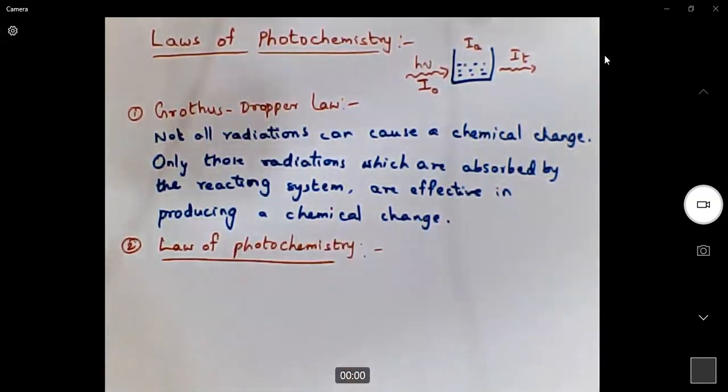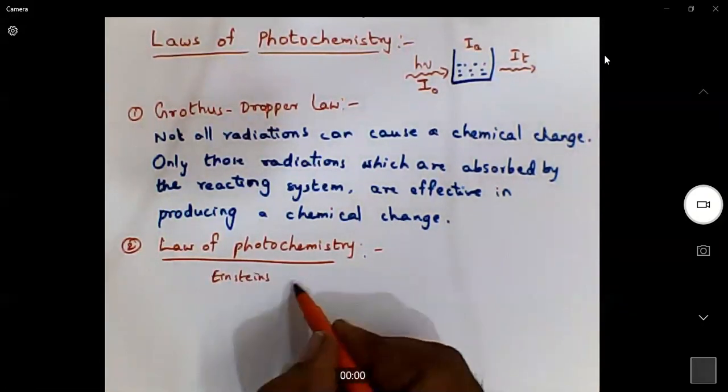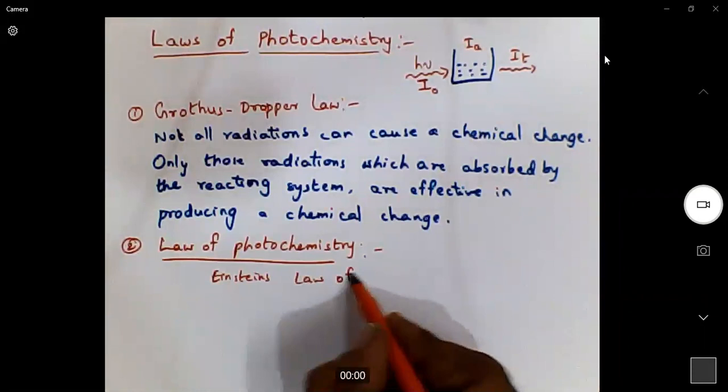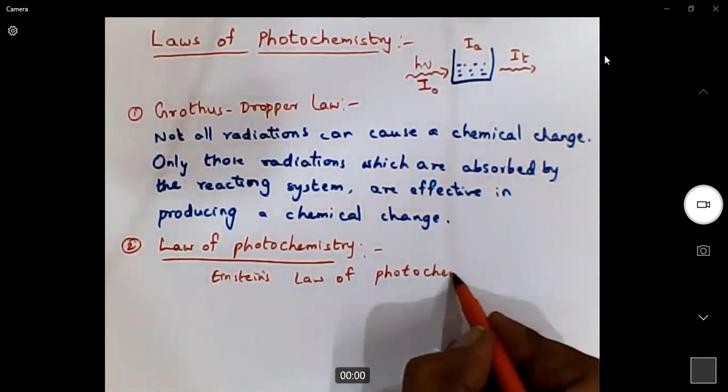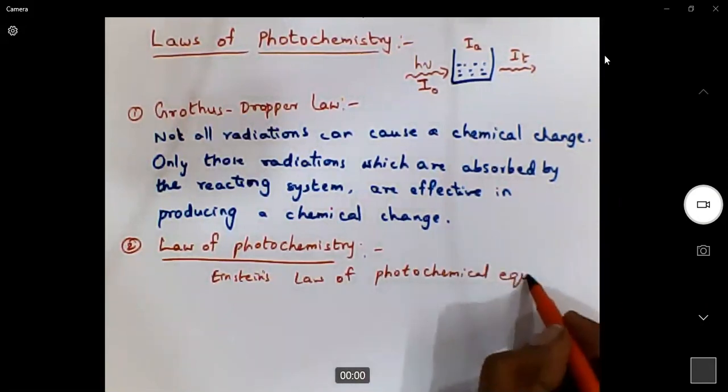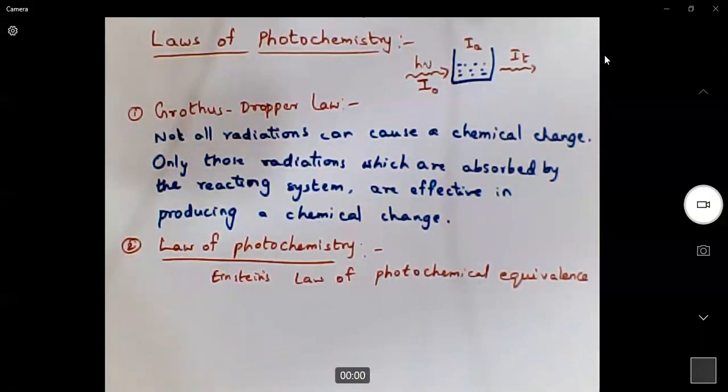The law of photochemistry was proposed by Stark and Einstein, so it is also called Einstein's law of photochemical equivalence.